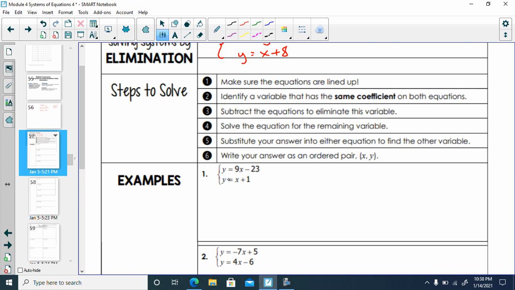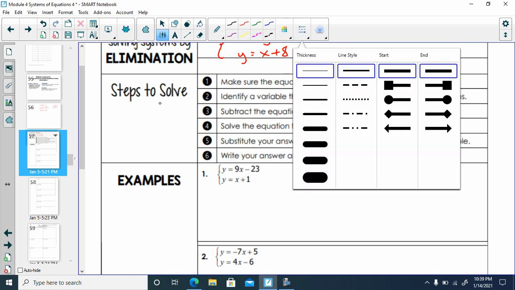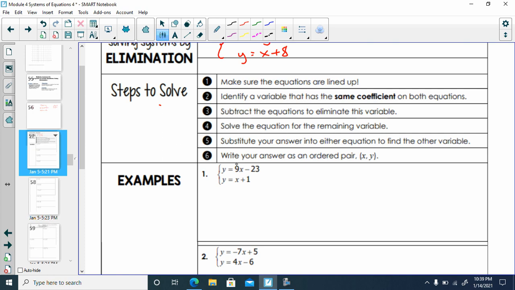Usually when you look at this, you go, oh, the easy way to do that is to substitute this in place of the y, or vice versa. The way we do it with substitution is we say, let's substitute this y in here. And I would say 9x minus 23 is equal to x plus 1.